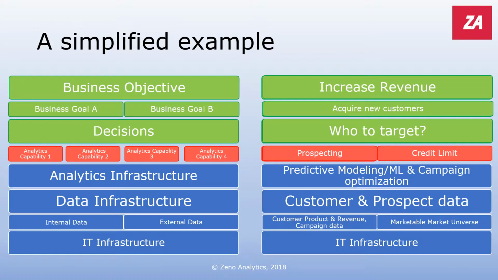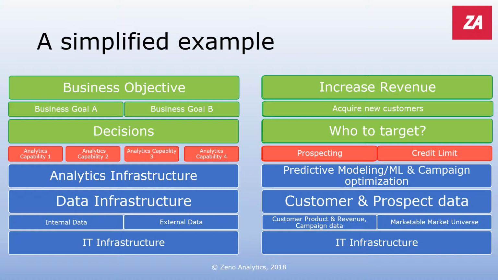To give you a very simplified example, you could have as a business objective to increase revenue. One of the business goals attached to this objective would be to acquire new customers. Of course, there could be many others, like sell more to current customers, retain more customers, etc. The decision that you might want to think about is, who do you want to target?